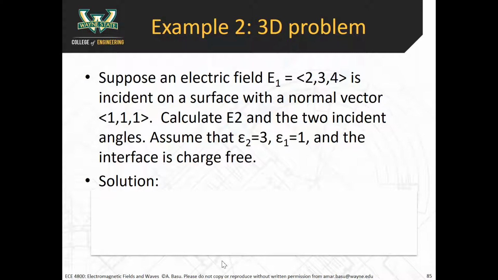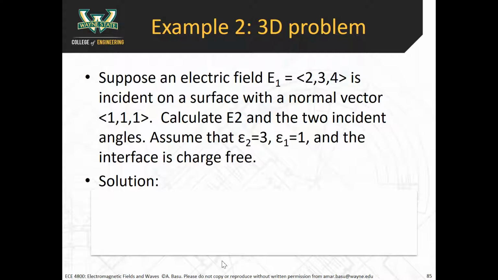Alpha 1 is equal to the inverse cosine of E1n over E1. Remember, E1n and E1 are vectors, but if we just want to apply the Pythagorean theorem here, we have to find the magnitudes of them. So that's one way to find it.